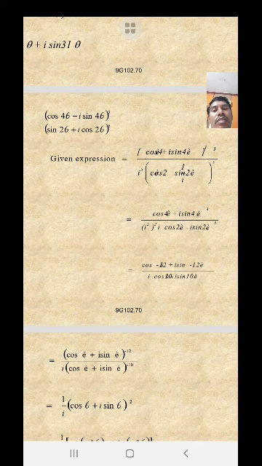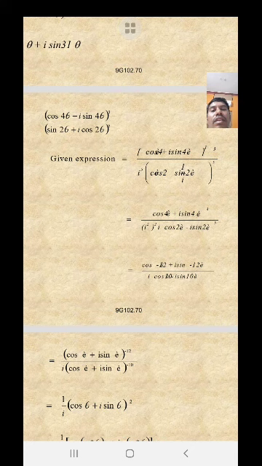In the next step, observe the denominator. Taking i common: since the whole power 5 is there, if i is taken common from the bracketed terms, it becomes i⁵.